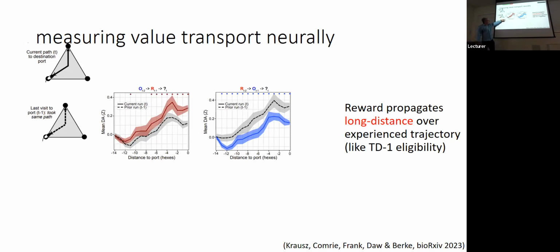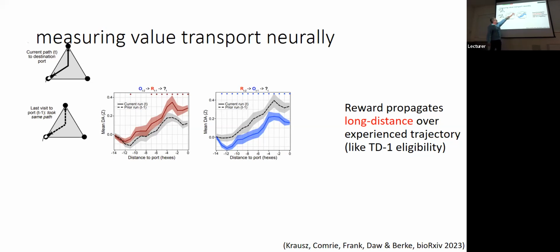And what you see is, all the way along the path from one port to the other, so a meter or something, this dopamine ramp is larger following a reward than it was following a non-reward, right?